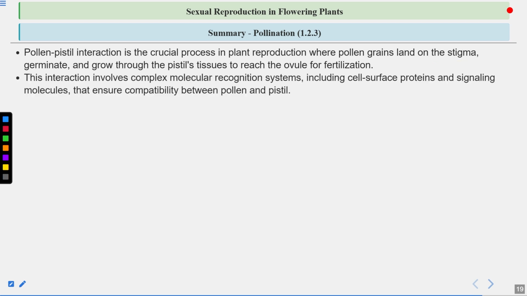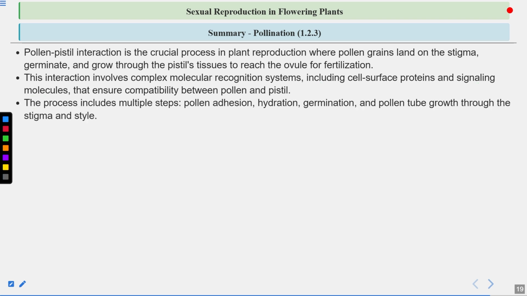This interaction involves a complex molecular recognition system, including cell surface proteins and signaling molecules that ensure compatibility between the pollen and pistil. This we have studied in detail today. The process includes multiple steps: pollen adhesion, hydration, germination, and pollen tube growth through the stigma and style.